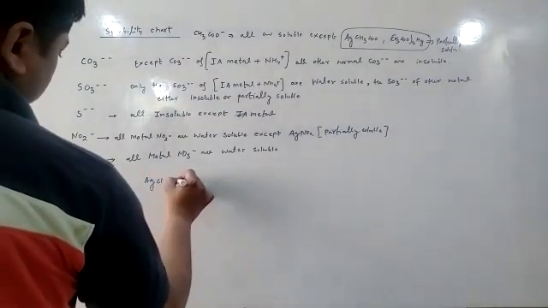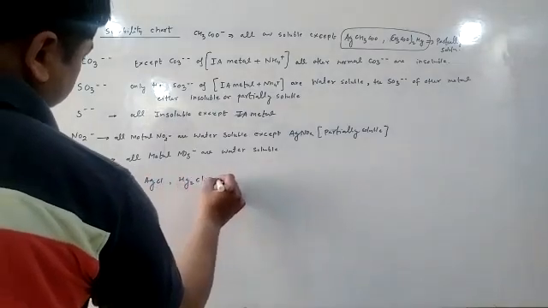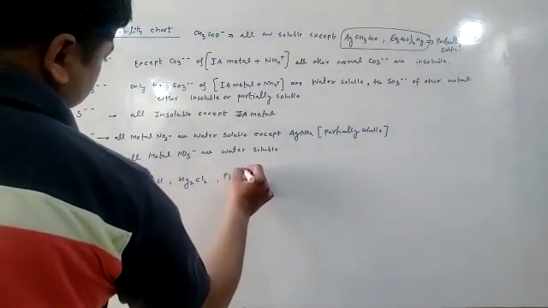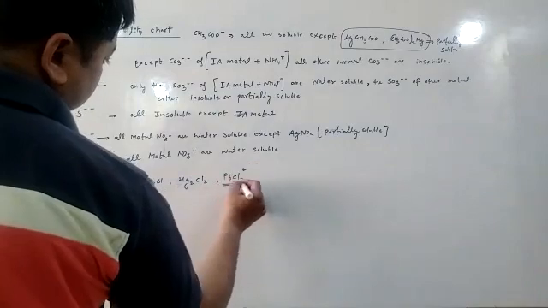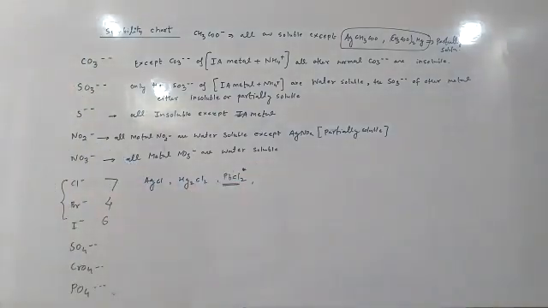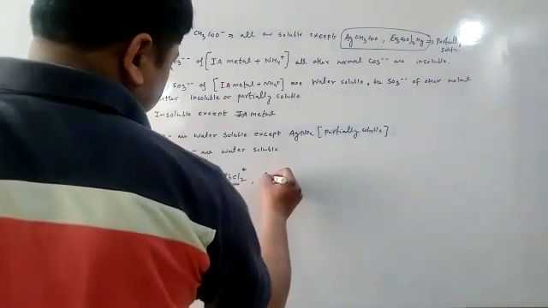AgCl, Hg2Cl2 and PbCl2. And I just marked a star on PbCl2, because it is soluble in hot water. Next is CuCl.